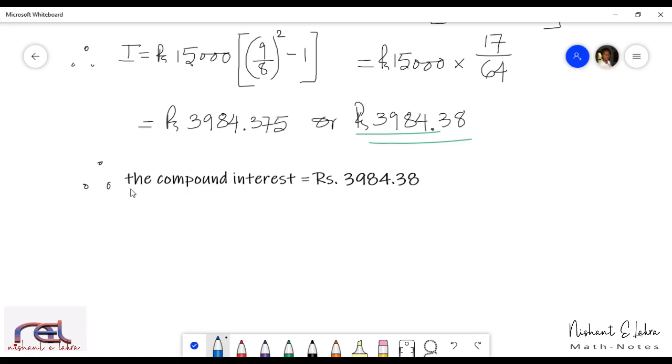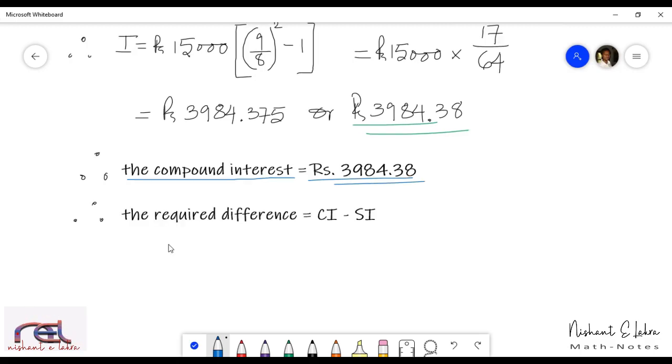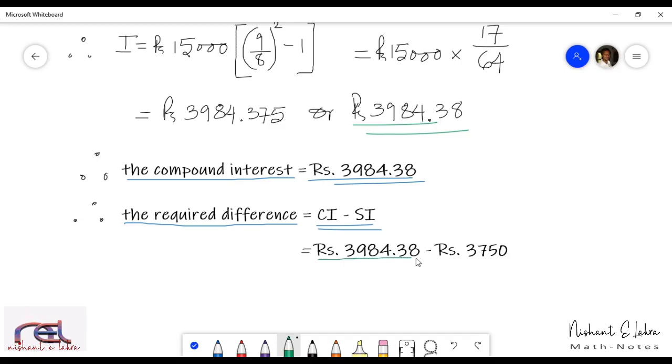Therefore, the compound interest equals rupees 3,984 and 38 paise. What do we have to find now? It's required to find the difference between compound interest and simple interest. So we will write the values of compound interest and simple interest to subtract. That is rupees 3,984 and 38 paise minus rupees 3,750.